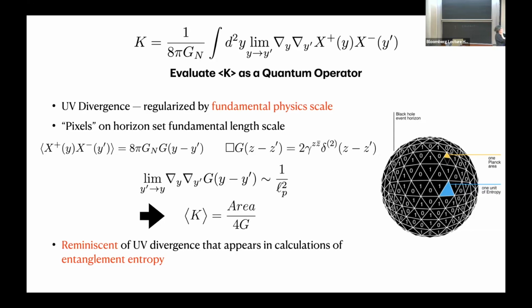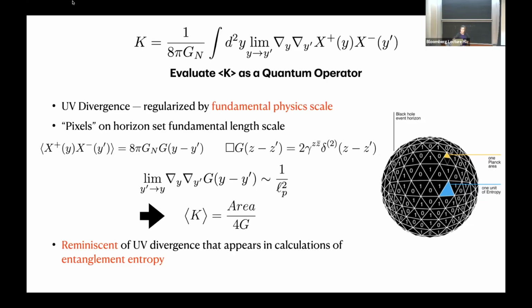So then when you evaluate it, you're still going to have a transverse integral left over. That's going to give a factor of the area divided by some divergence. So let's follow tradition and choose it to be 4G Newton, similarly to what you do in calculations of the entanglement entropy. Okay, so you get something that is area divided by divergence squared.